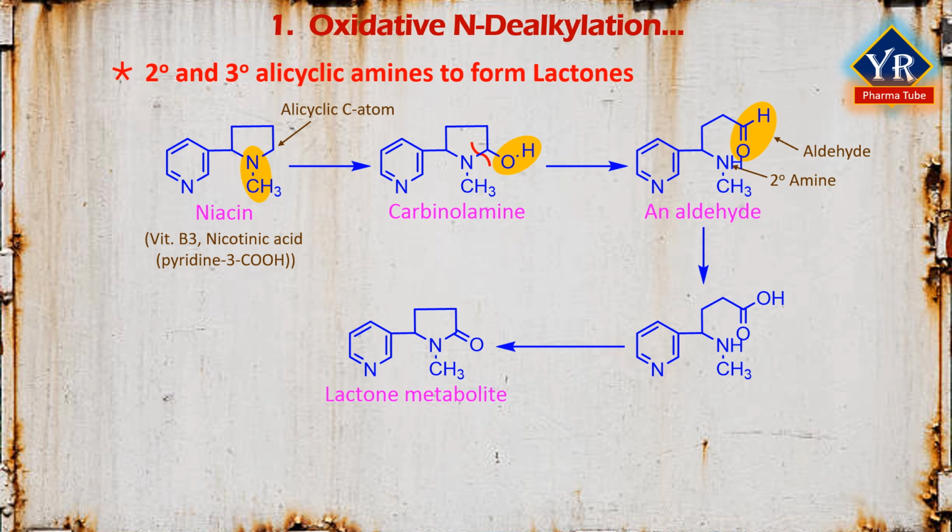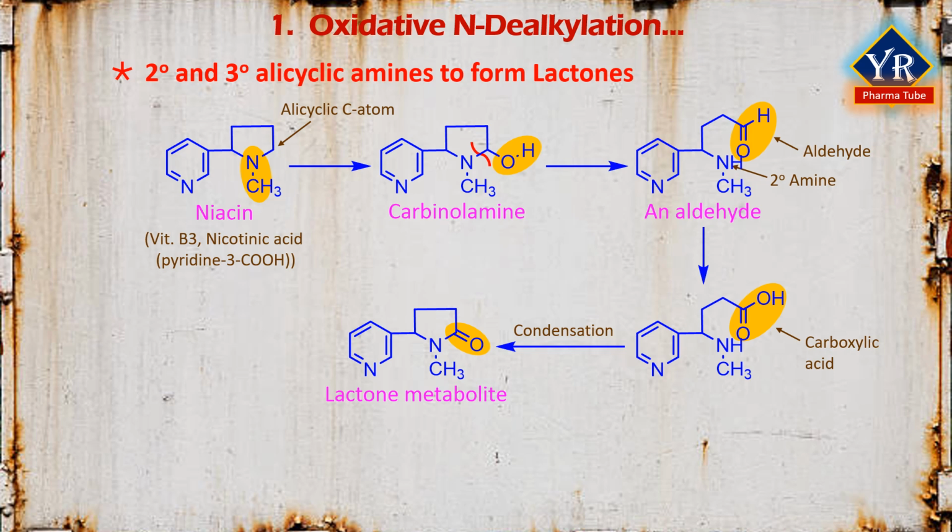However, because this metabolic biotransformation began with an alicyclic ring, both functional groups remain as part of the initial metabolite. This aldehyde can be further oxidized to carboxylic acids by condensation and lactone formation reaction.